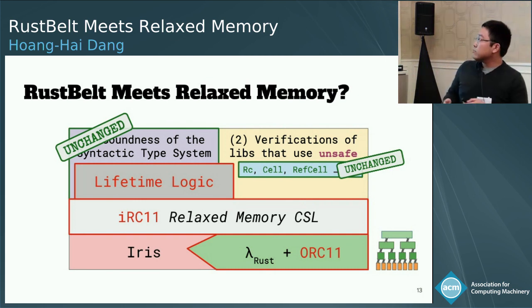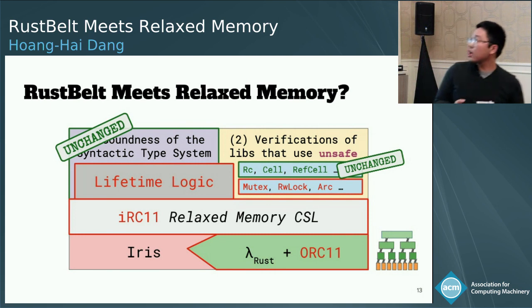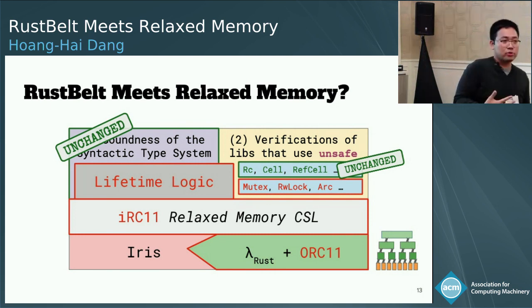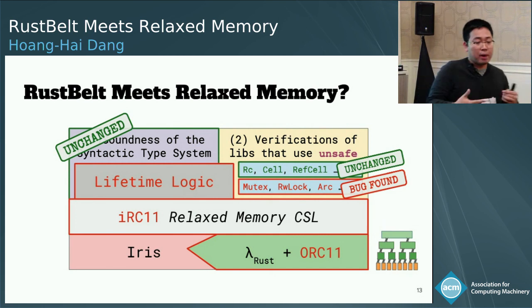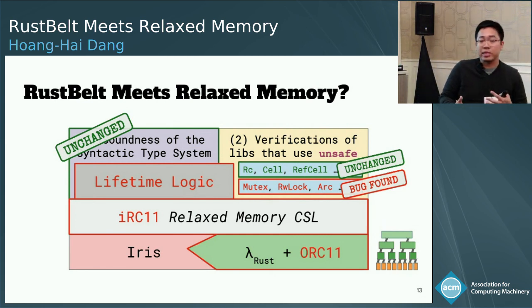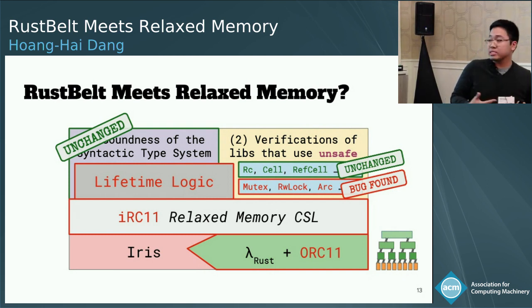In the re-verification of the concurrent libraries, we have to deal with the relaxed memory operations that these libraries can actually use under our new semantics. In the process of doing so, we actually found a bug, a data race in the atomic reference counting library, a very subtle bug. This bug has been reported and has been fixed in the Rust code base.